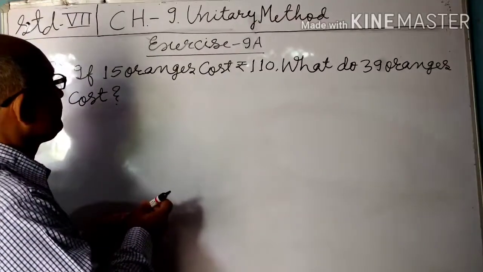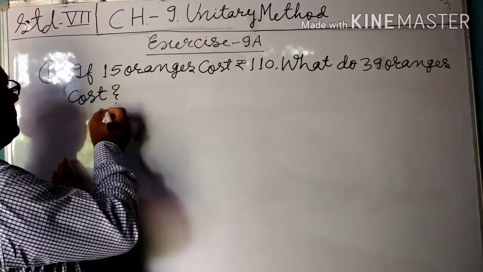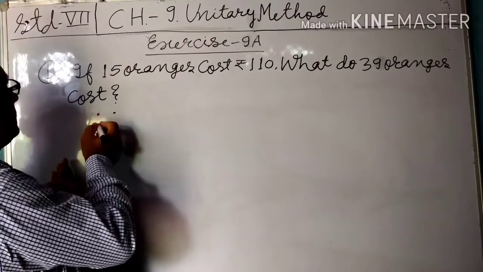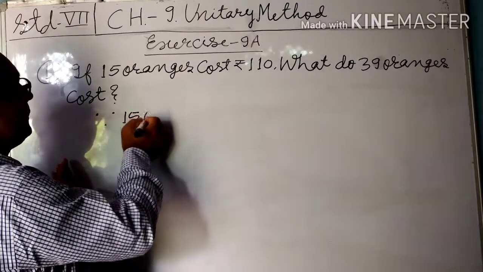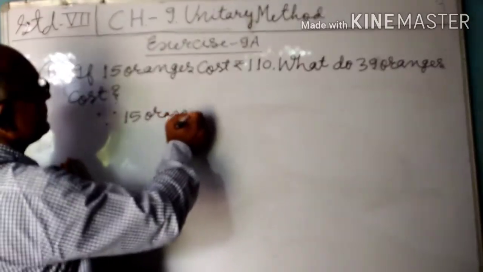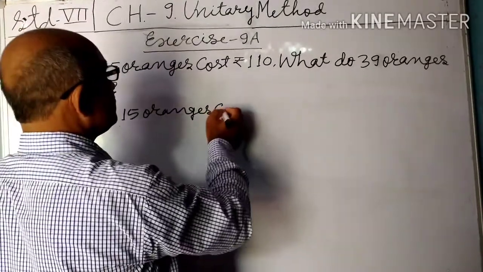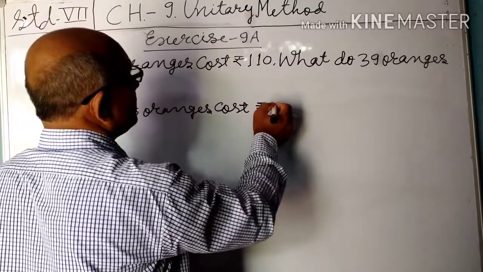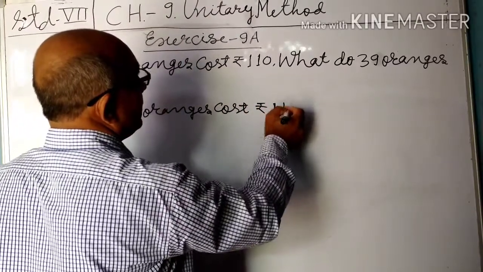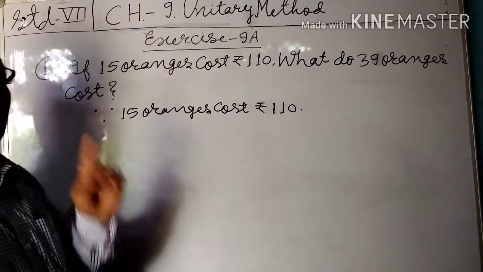First method, by unitary method, since 15 oranges cost rupees 110. First find the cost of one orange.